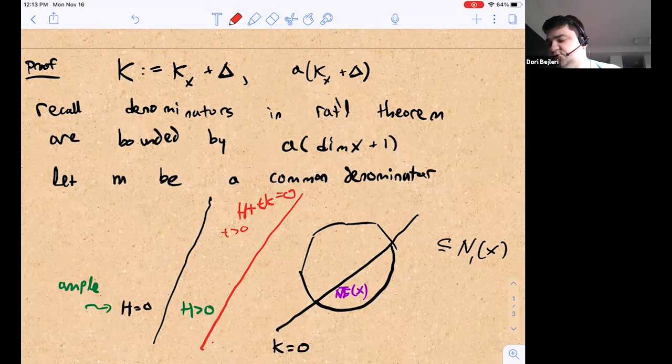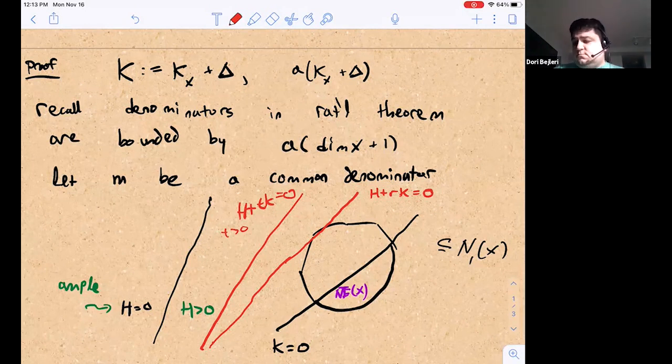We're going to hit the nef threshold, and we're going to hit somewhere that's exactly on this cone. And so H plus rK will be some nef divisor. It'll also be rational. So we started with H, an actual Cartier ample divisor. K is a Q-Cartier divisor. r is some rational number. So we'll get this Q-Cartier nef divisor that's exactly on the boundary.